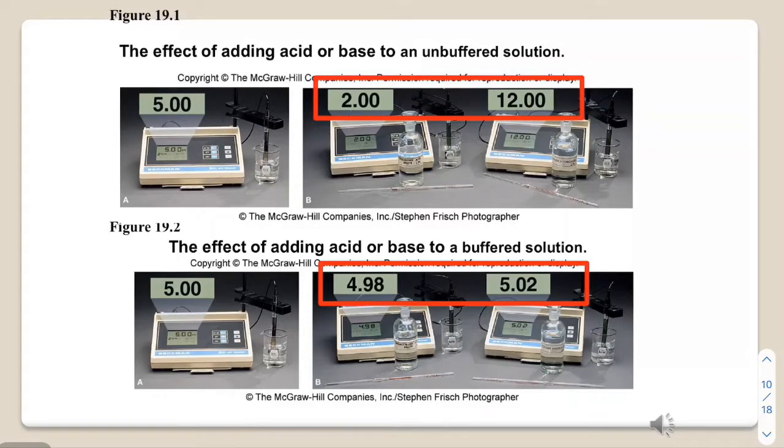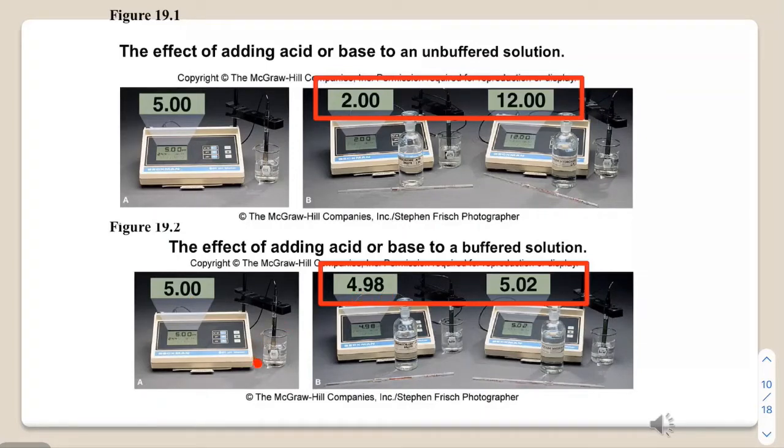However, if we have a buffer solution with the same pH as this one, which is 5, then during the addition of a small amount of acid, the pH drops only by 0.02, from 5 to 4.98.